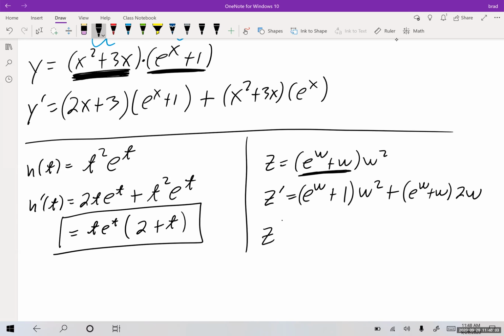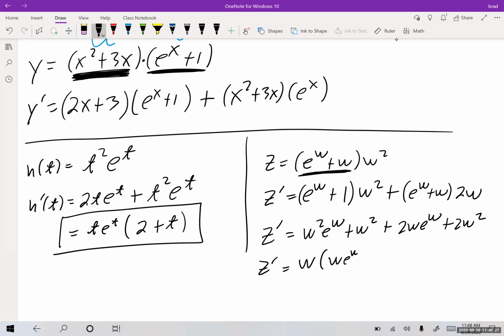Now this one, there may be some cleanup, so I'm going to write this out. This is going to be, let's see here, w squared e to the w plus w squared plus 2w e^w plus 2w squared.